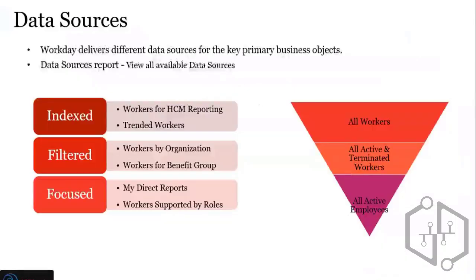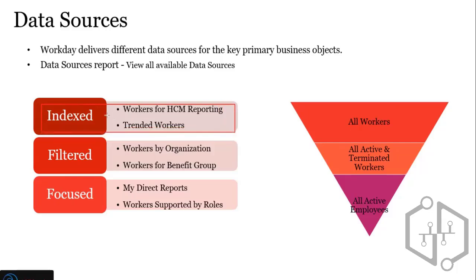Okay, we have already spoken about the data sources, right? When building your report, the most critical aspect is your report performance. And when dealing with report performance, the most critical aspect is your data source. So as we discussed, first start with an indexed data source.